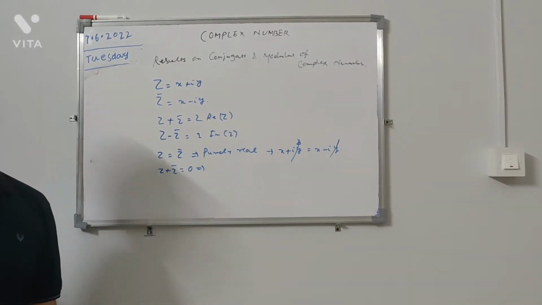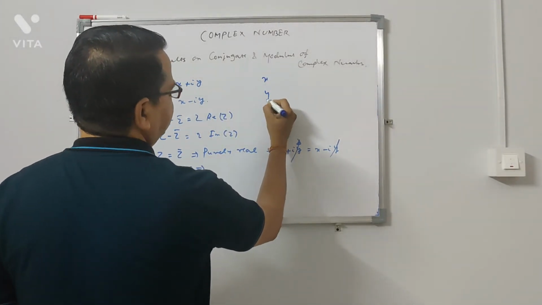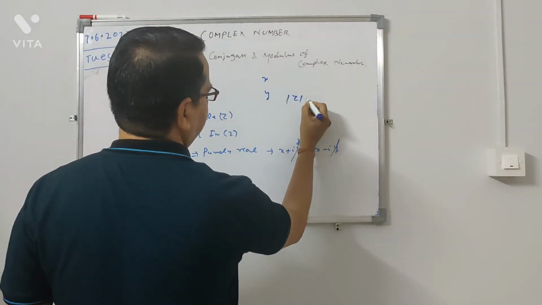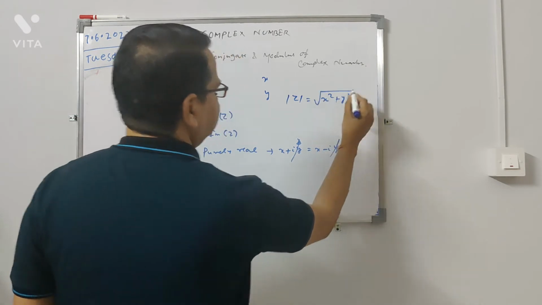So your x is the real component, your y is the imaginary component. So your modulus is nothing but the square root of x square plus y square.